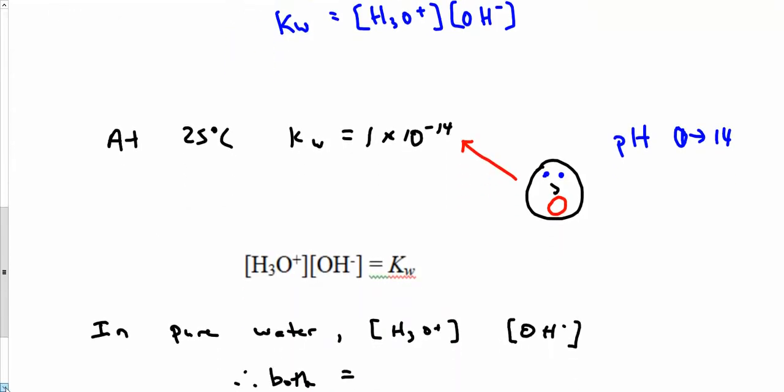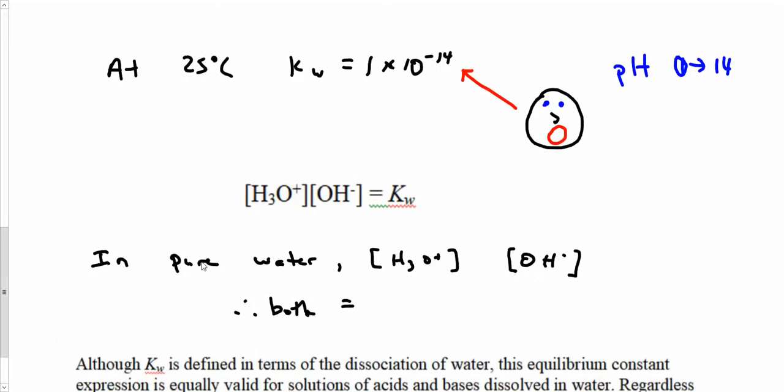Now, there's the formula again. [H3O+] times [OH-] is Kw. The amount of this in pure water and this would be the same, because every time I make one of these, I have to make one of those.